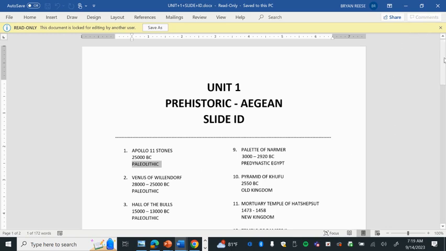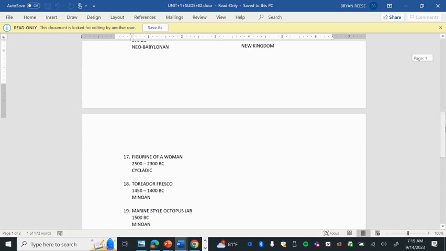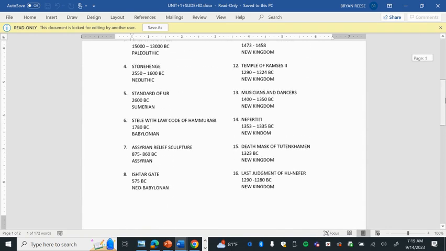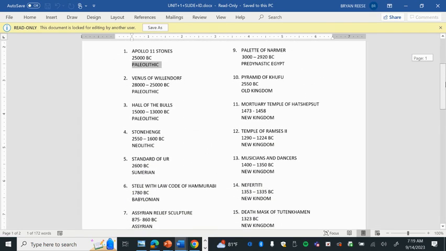There are 20 works of art that I want you to know. There's 16 on the first page and 4 on the second page, and this is just straight memorization.